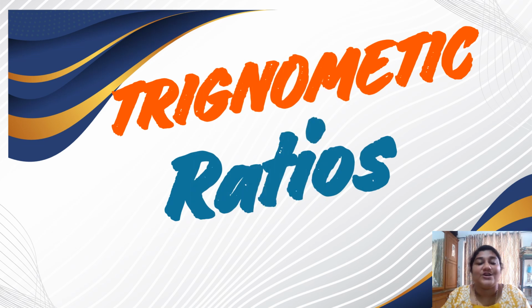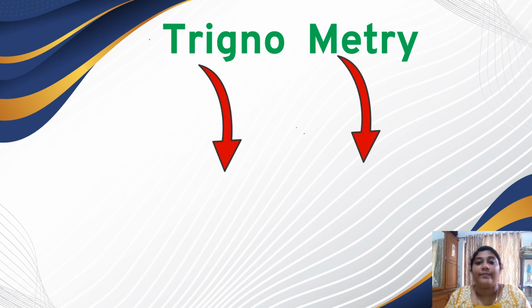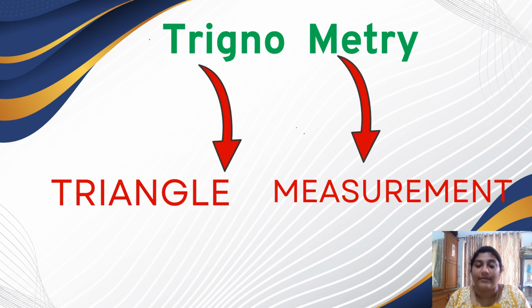There is a branch of mathematics that helps us to solve these kinds of situations, and that is called trigonometric ratios. Before going to trigonometric ratios, you should be familiar with the word trigonometry. Trigonometry is the combination of two Greek words, trigono and metron. Trigono means triangle and metron means measurement.